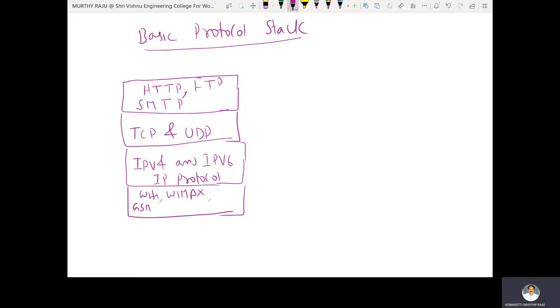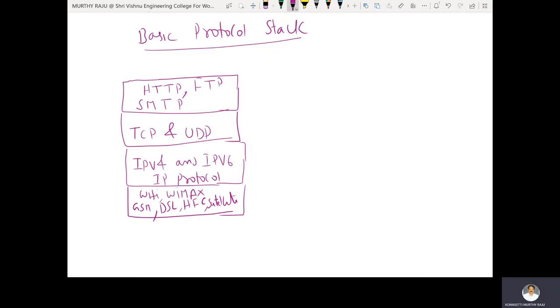One more important one here is DSL, Digital Subscriber Line, HFC, Hybrid Fiber Coaxial cables, and satellite. There are some technologies: Digital Subscriber Line DSL, Global System for Mobile Communication GSM, and UMTS.